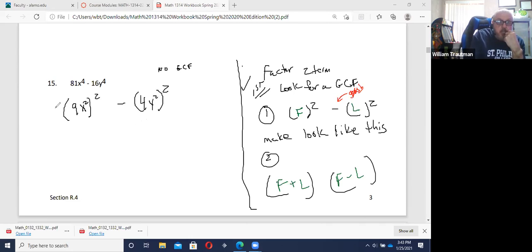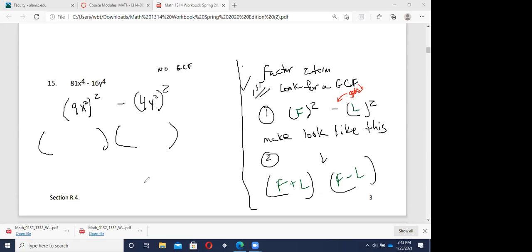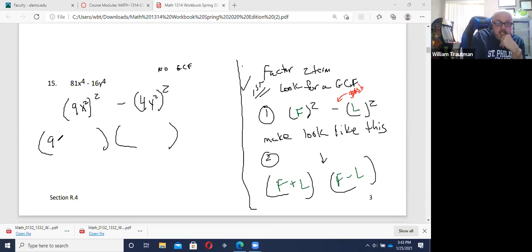Then we write 2 big parentheses. And do you see when you write the new 2 big parentheses, there's no sign between them. You're just multiplying them. 9x squared goes into the first spot of each. 4y squared goes into the second spot of each. One is a plus and one is a minus.